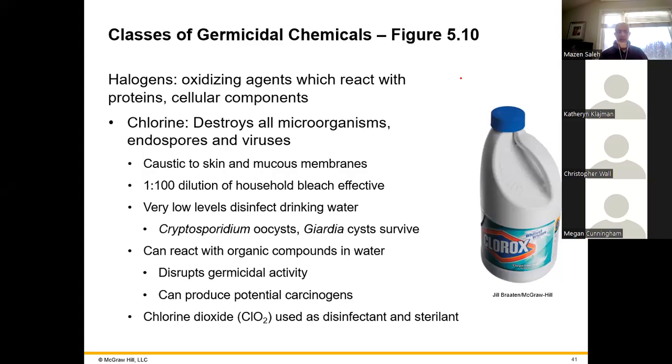Chlorine, as mentioned, is quite effective. It is capable of destroying endospores and all other forms of microbes. It is caustic to skin and mucosal membranes, so you want to avoid high concentrations. Obviously, we know Javex, aside from the fact that it stinks if you use it around the house or in the lab.